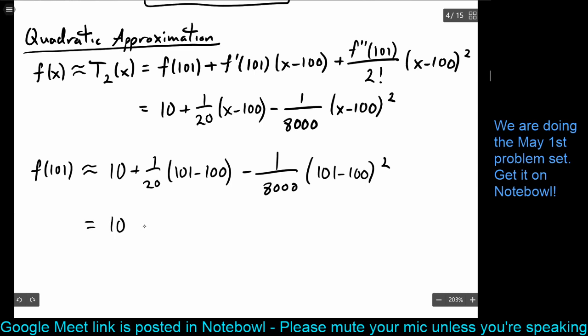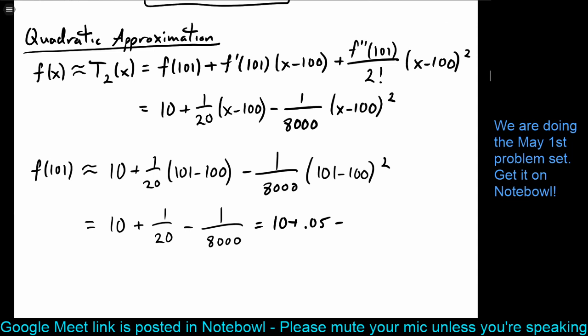Right, so that's 10, again this is plus 1 over 20, this is going to be minus 1 over 8,000. So 10 plus 0.05 minus 1 over 8,000 will be a finite decimal, but I don't know what that would be offhand. Something with the 125 in it.